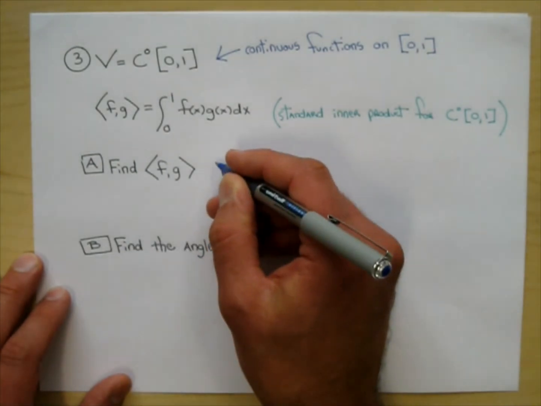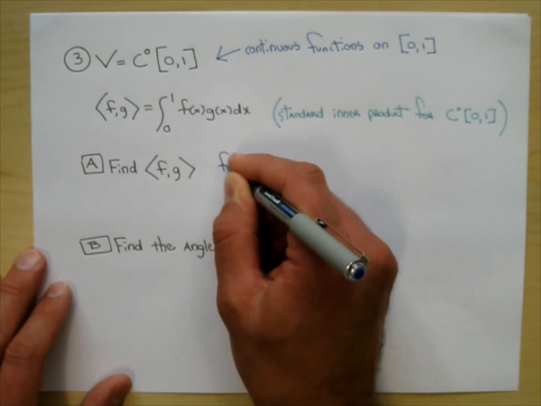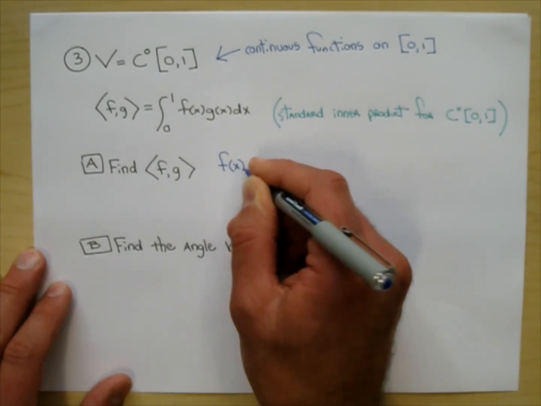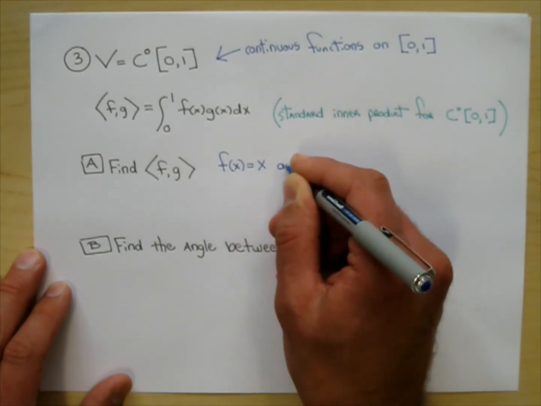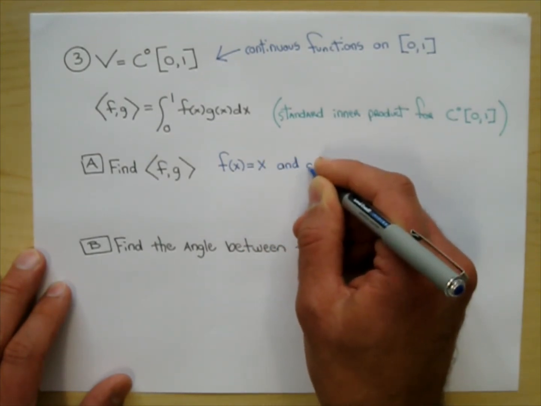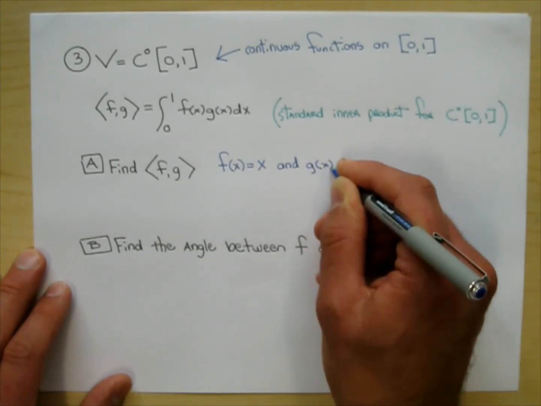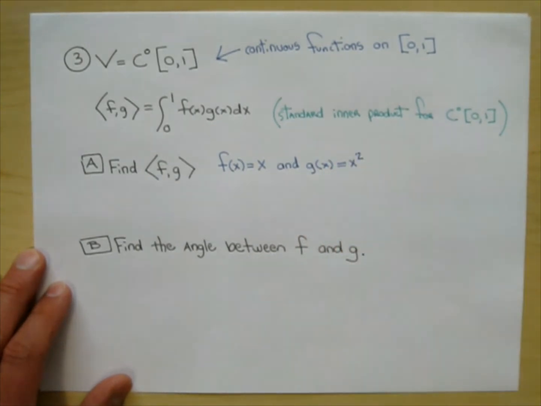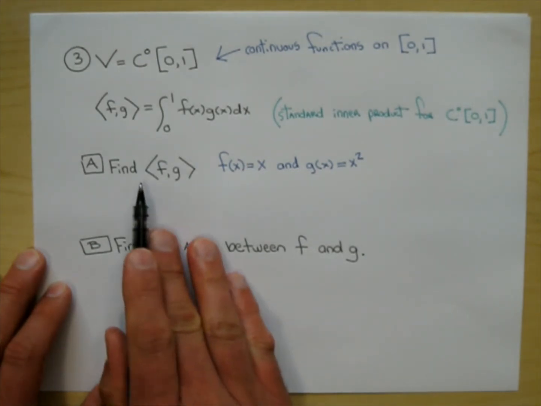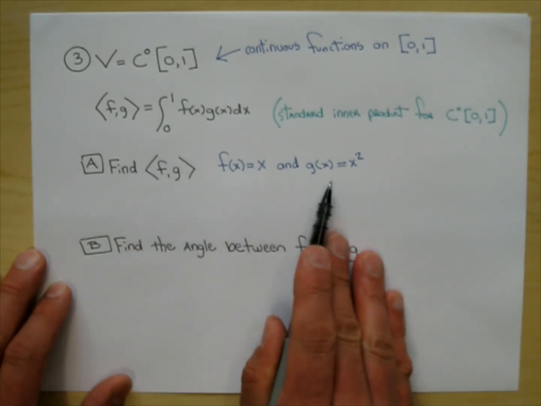Okay, so let's let f of x equal x and g of x equal x squared. Okay, so that's what we're going to find the inner product of.